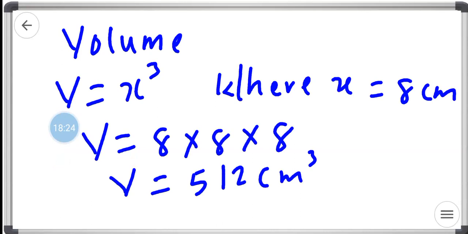We have centimeters here, here, and here as well, so centimeter cube. So V equals 512 centimeter cube.